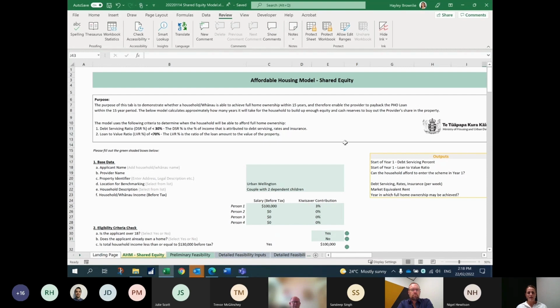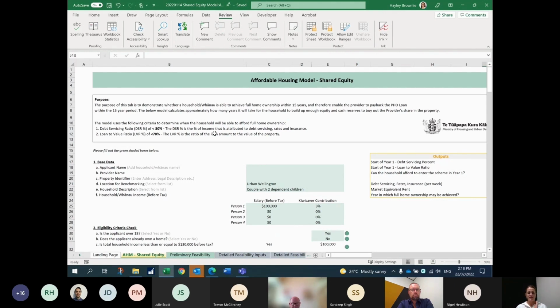So 2 quite key criteria that we've based the affordable housing model on are some typical bank criteria, being the debt servicing ratio or DSR percentage, where ideally we'd like to see that being less than 30%. So that's less than 30% of the gross household income being attributed to debt servicing rates and insurance.